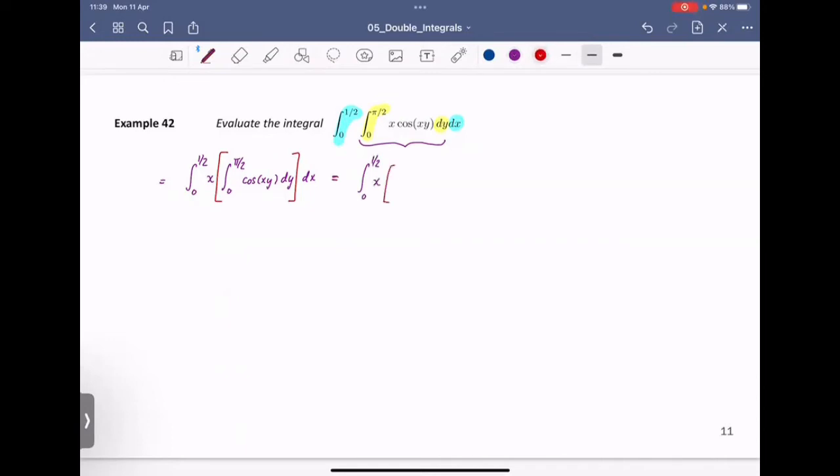What happened here is you have cosine xy. So how would you do it? Integrate cosine xy: you integrate cosine, you get negative sine xy. But because of the chain rule, you have x.